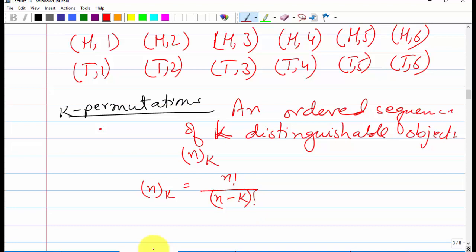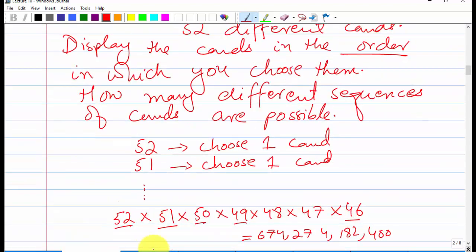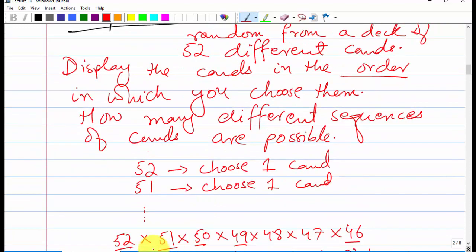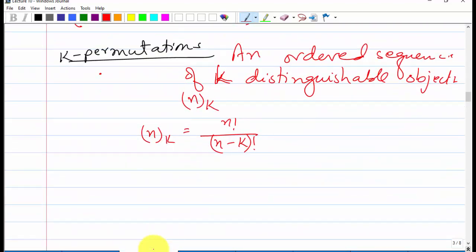So the example that we have done, choosing 7 cards from the 52 cards and putting them in order, is the same as here. So that will be 52 factorial divided by 52 minus 7 factorial.